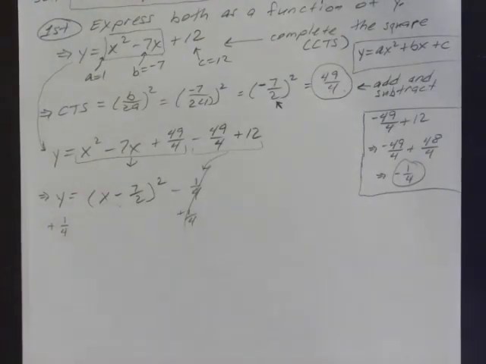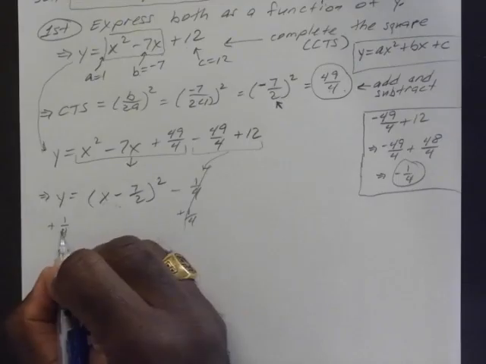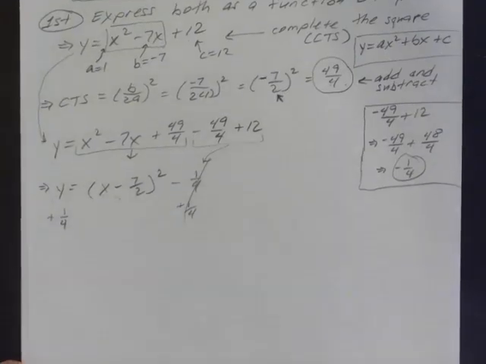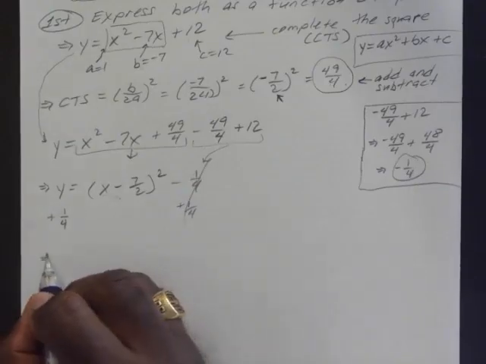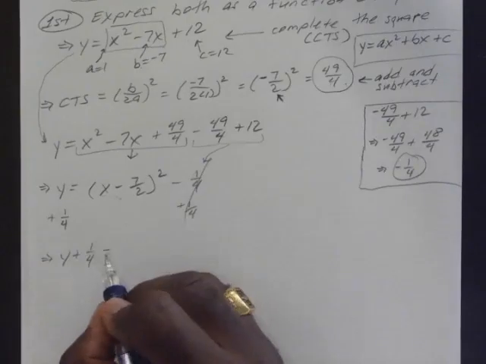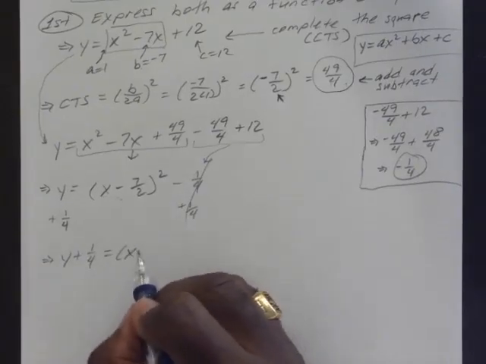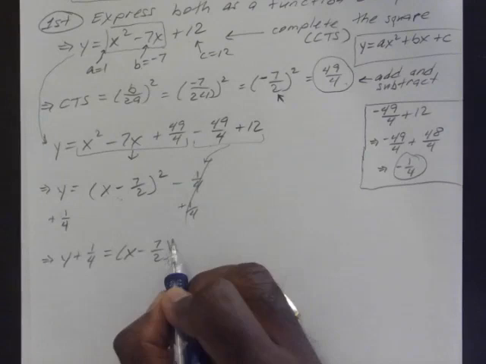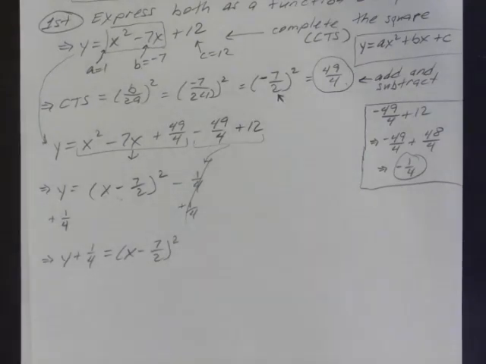Here we go. So that gives us y plus 1/4 is equal to x minus 7/2 squared. Let me change my pencil lead. There we go.